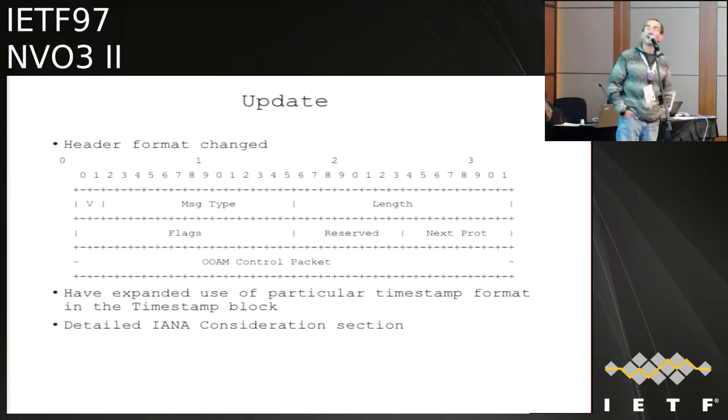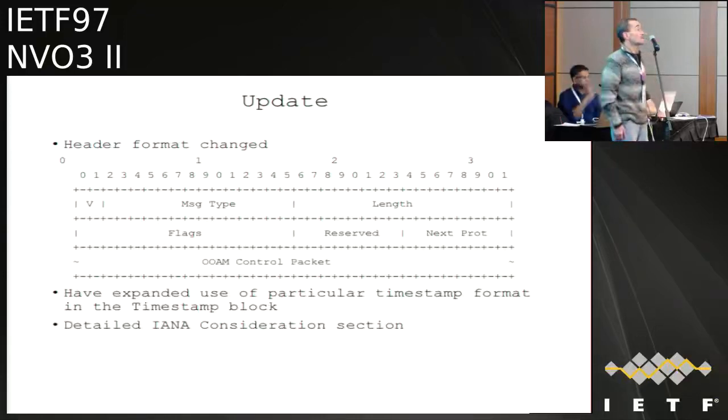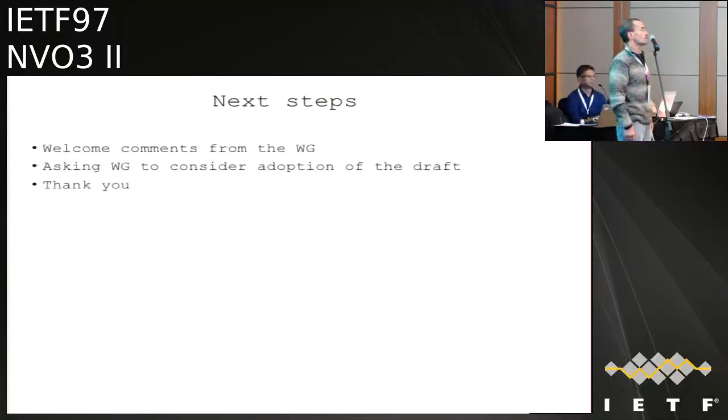In this way, this header can combine active OAM and in situ OAM functionalities. We also expanded the use of timestamp in the timestamp block and detailed the IANA considerations section. So these are the updates in this version. As always, all your comments, reviews, suggestions, and contributions are most welcome and greatly appreciated.